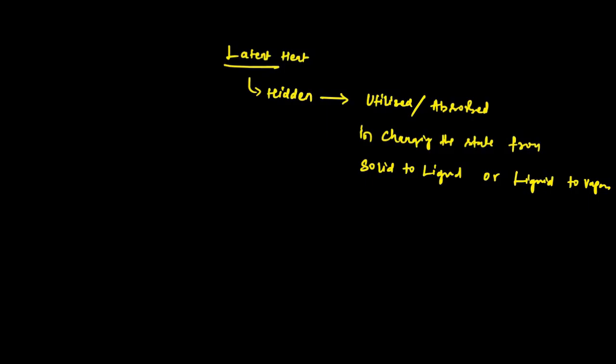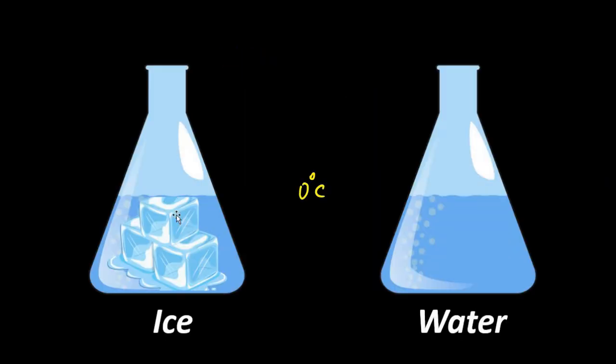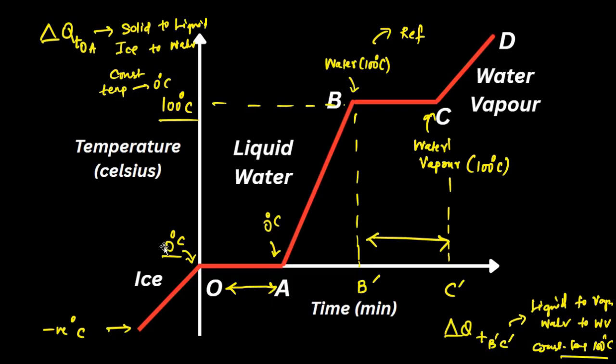Okay, so to entirely change the solid state to liquid, so that there is not even a shred of solid substance left, we have to supply some extra amount of heat which does not contribute to the change in temperature, and that is called latent heat, hidden heat. This is called latent heat of fusion for solid-liquid transition, or liquid-solid transition in reverse, and for liquid-vapor transition it is called latent heat of vaporization. Now we will discuss it in a separate video in detail.